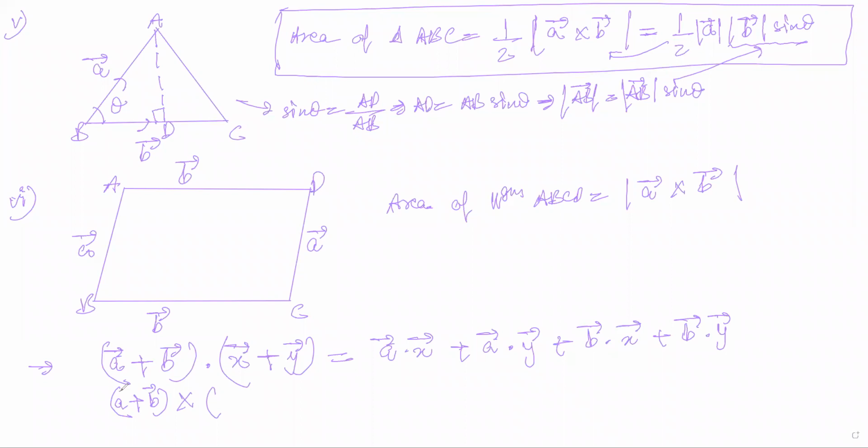So let's say this is A plus B and this is C plus D, and we are taking the cross product of them. So A cross C. Now remember, the order is important now. So we are multiplying A with C, then A with D, so A would be the first one, D would be the second one, plus B cross C, plus B cross D. So this is the law of distribution.